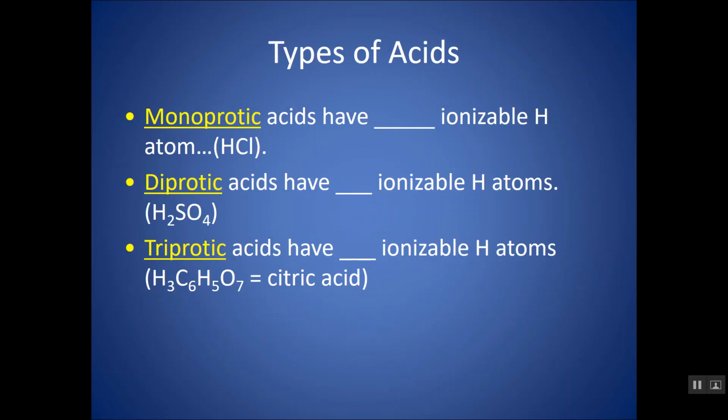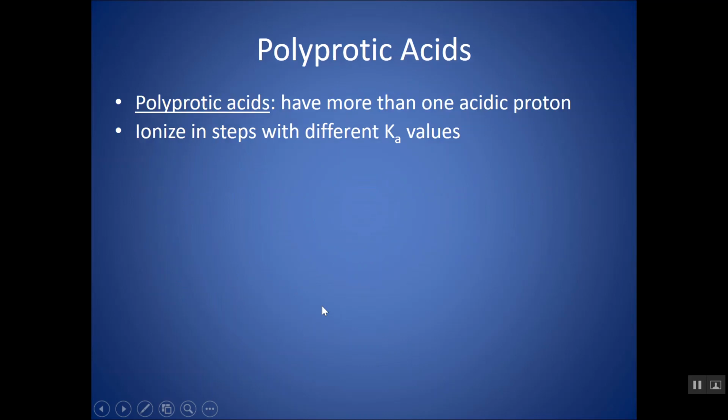Just remember what monoprotic means is that you have one ionizable H plus, something like HCl. You might have situations where you're dealing with a polyprotic acid, meaning more than one H plus is being donated, whether in the situation of a diprotic acid or a triprotic acid. And there's actually shortcuts for handling some of those as well.